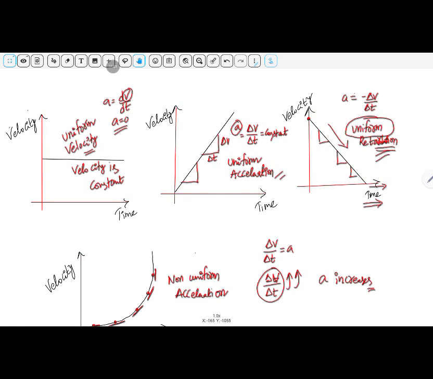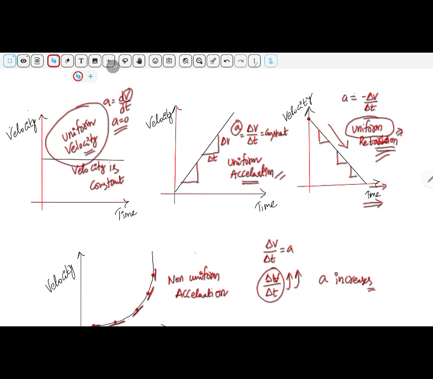If it is a straight line passing through the origin, it indicates the acceleration of the body is uniform. If it is another linear graph but with a negative slope, then it indicates that the body is moving with uniform retardation.